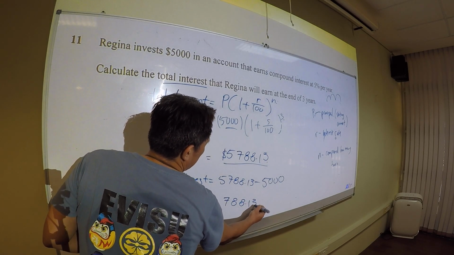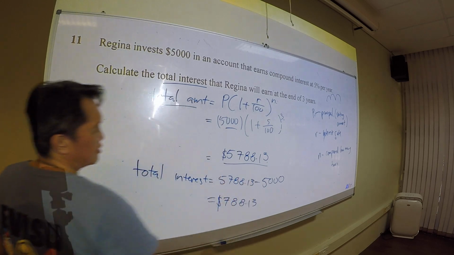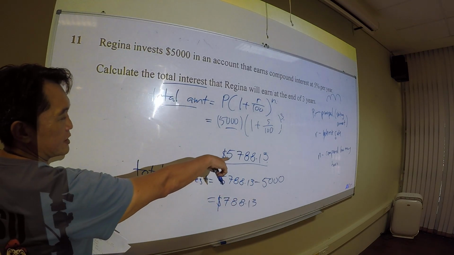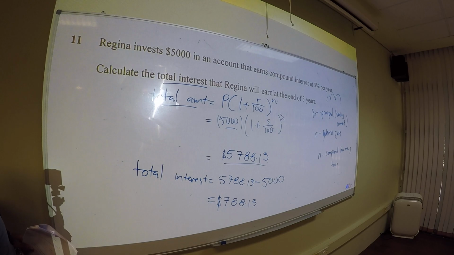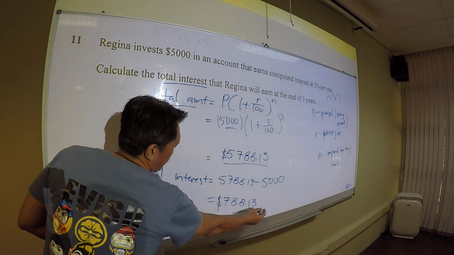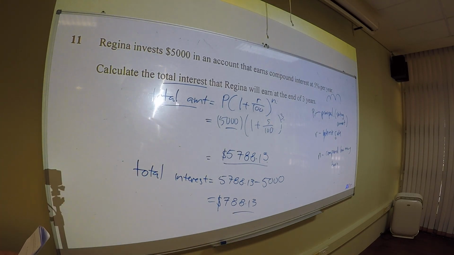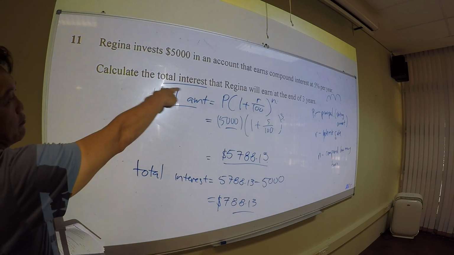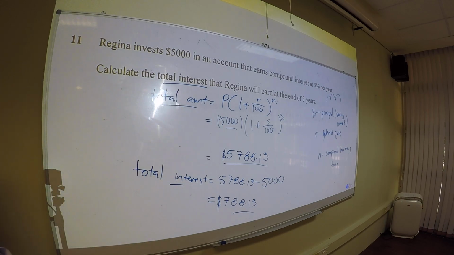So the interest earned is from 5,000 becoming 5,788. So the 788.13 is the interest. In this case, they want you to find interest.